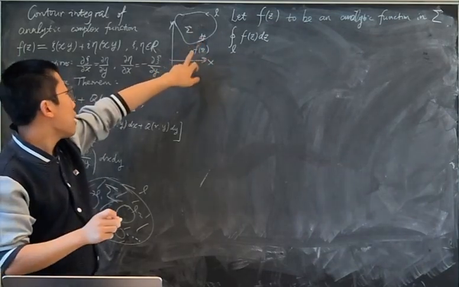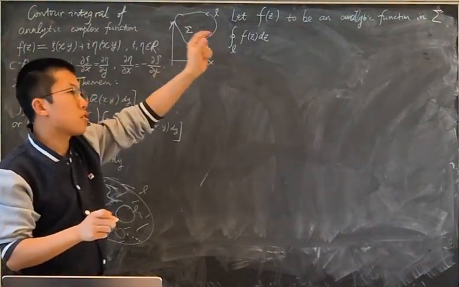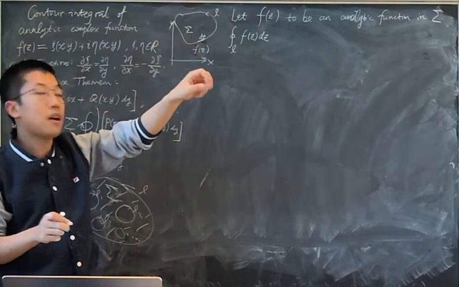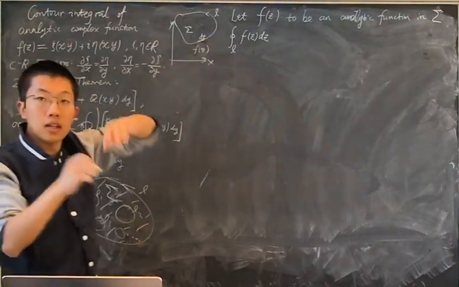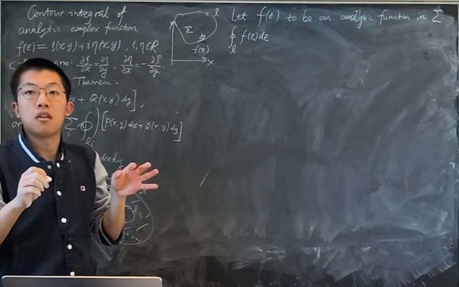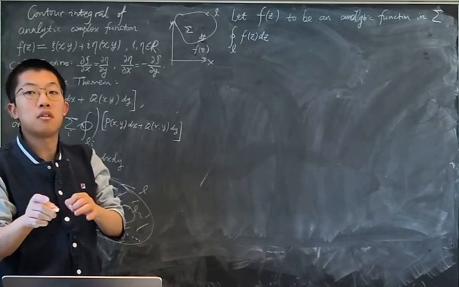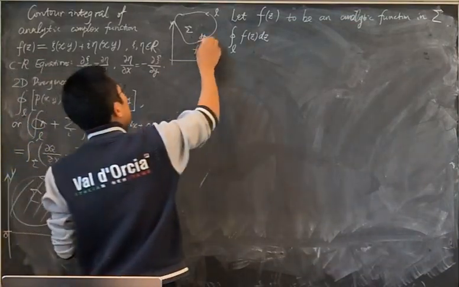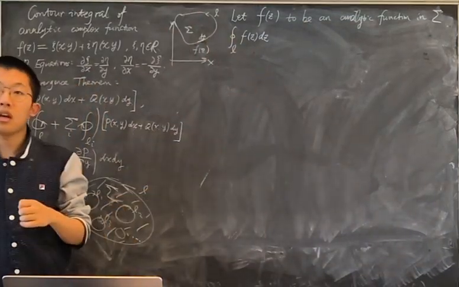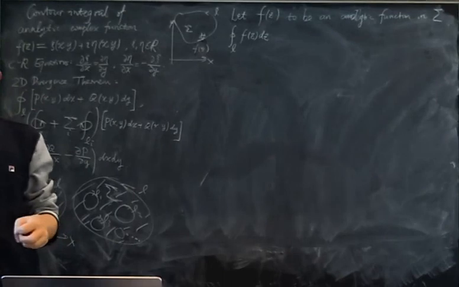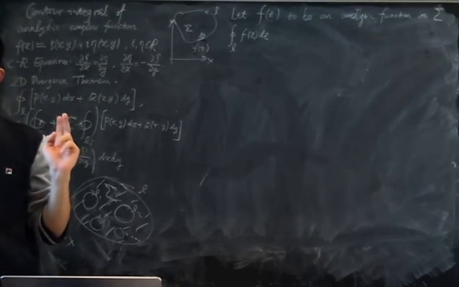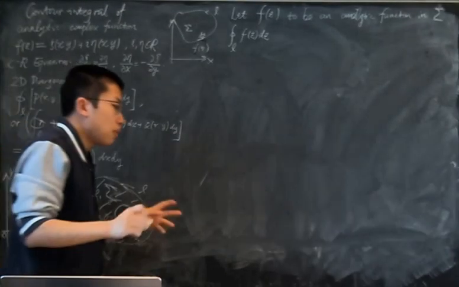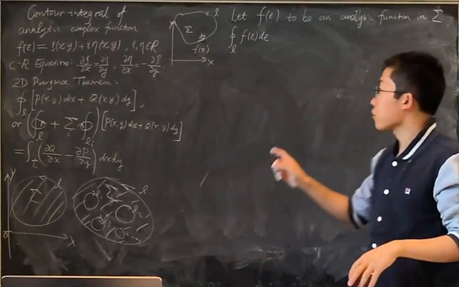I multiply them together and get an infinitely small complex number f(z) dz. I do this for the whole loop, and I add all these f(z) dz up. That becomes the integral.